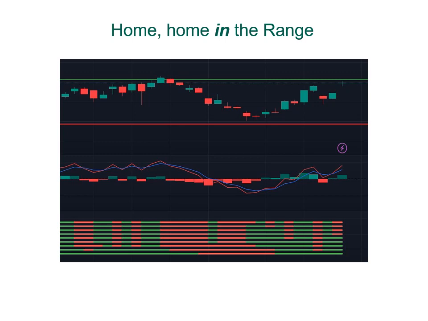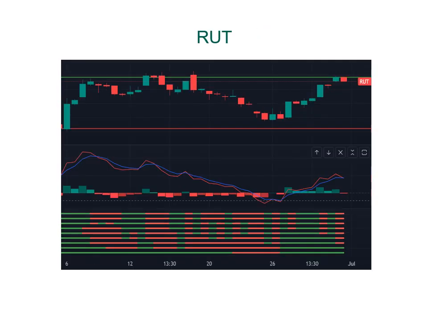Are you wondering about the Russell 2000? Enter 3 characters and hit return. How about oil? West Texas crude to be exact. Type in WTI and hit enter again.